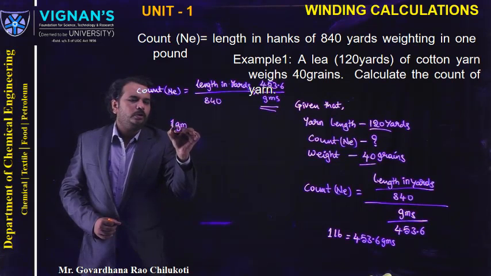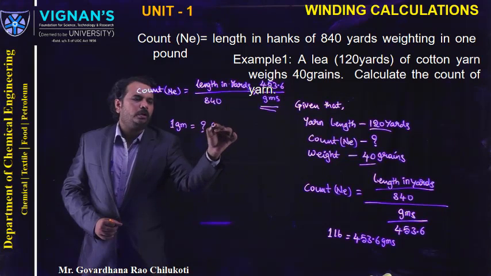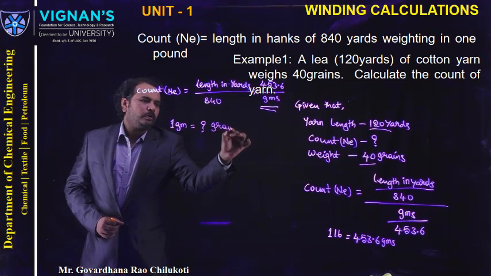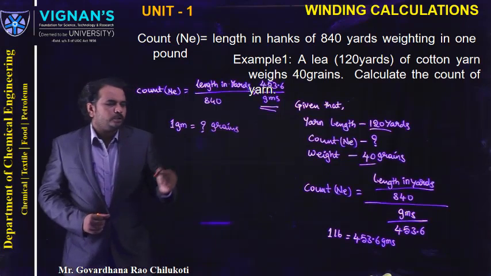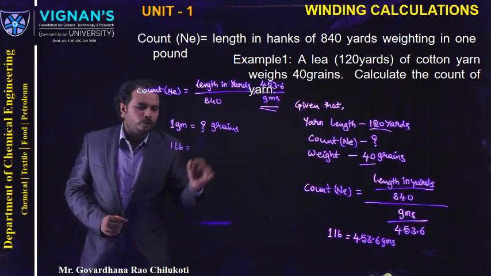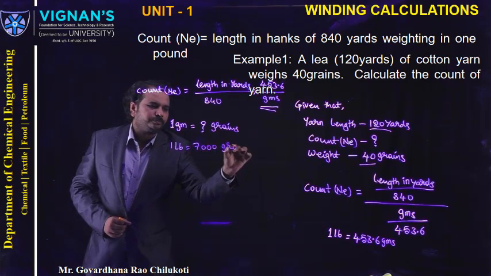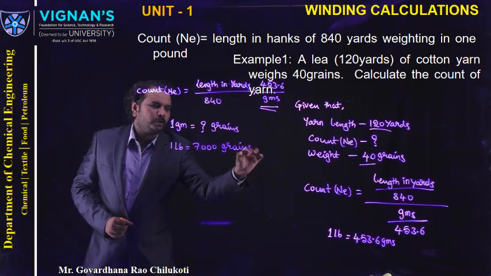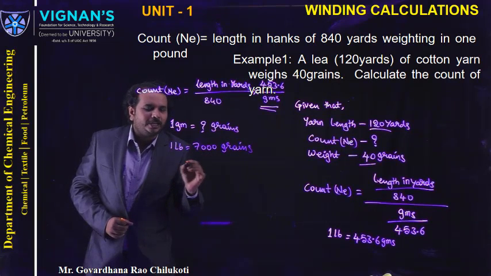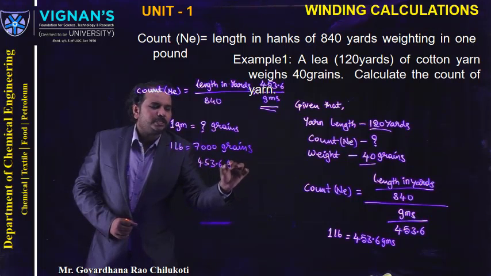We need to see that 1 gram is equal to how many grains. As I told earlier, 1 lb, that is 1 pound, is equal to 7,000 grains, and it is 453.6 grams.